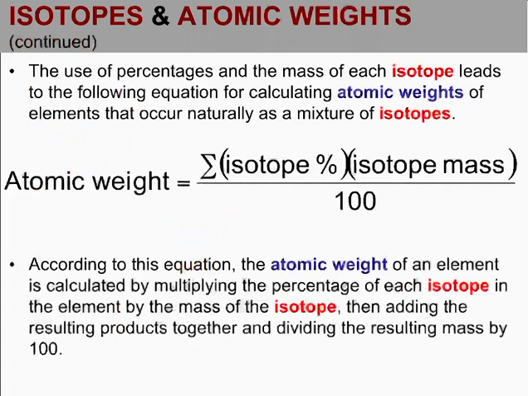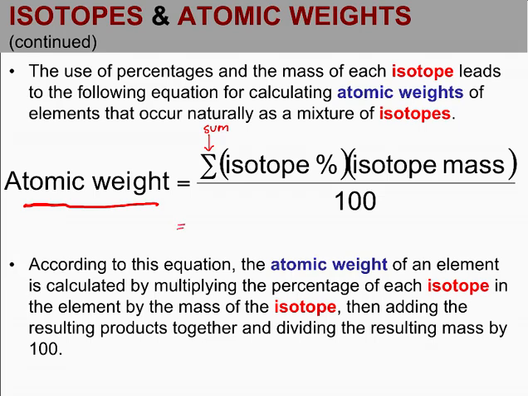So if we use percentages and the masses of each isotope to calculate the atomic weight, we'll end up with this equation, where atomic weight is equal to the sum of the isotope percent times the isotope mass over 100.